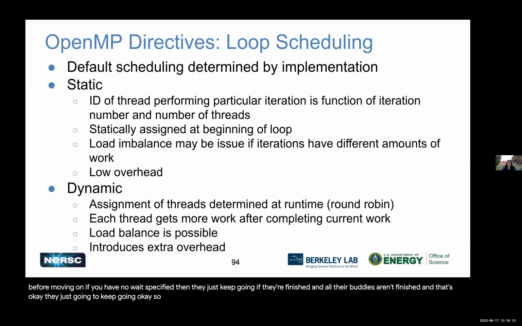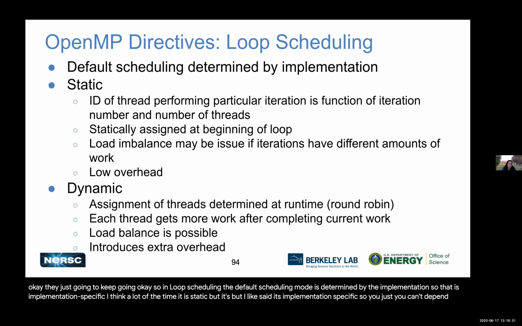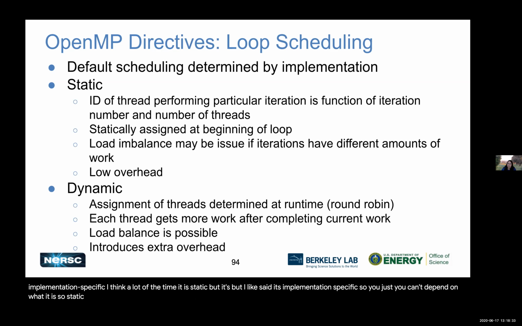Okay, so in loop scheduling, the default scheduling mode is determined by the implementation. So that is implementation specific. I think a lot of the time it is static, but like I said, it's implementation specific. So you can't depend on what it is. So static scheduling means that the ID of the thread that's performing a particular iteration of the loop is a function of the iteration number and number of threads.